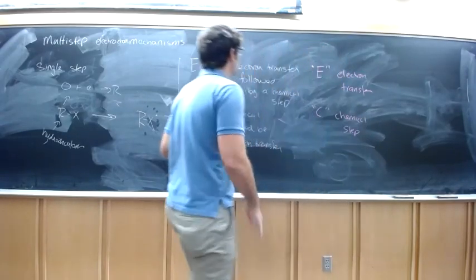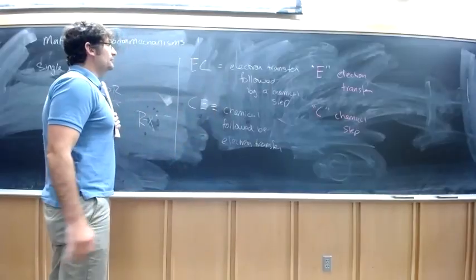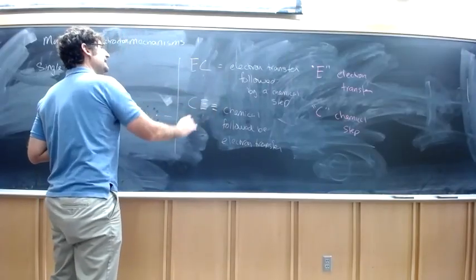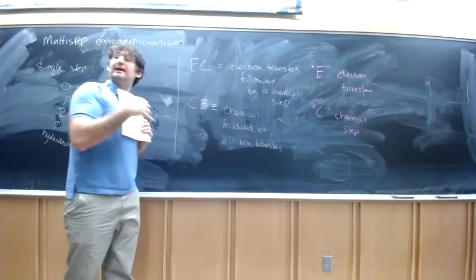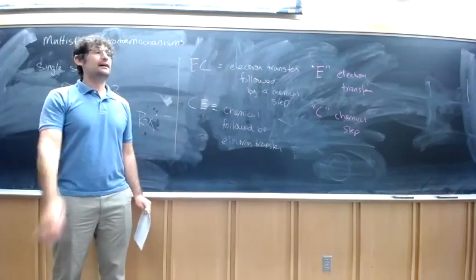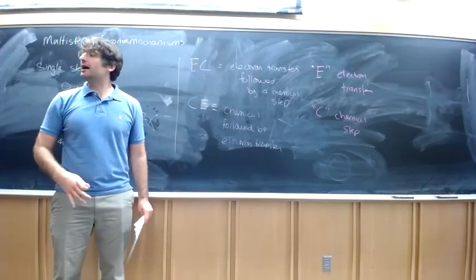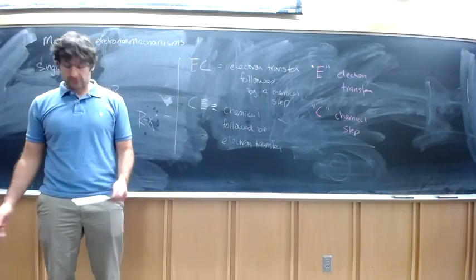Right? And so we can put these together in various ways. We can have EC, we can have a CE, we can have an ECE. We can have all these different steps, and that's a way to classify the mechanism underlying an overall electrochemical transformation.